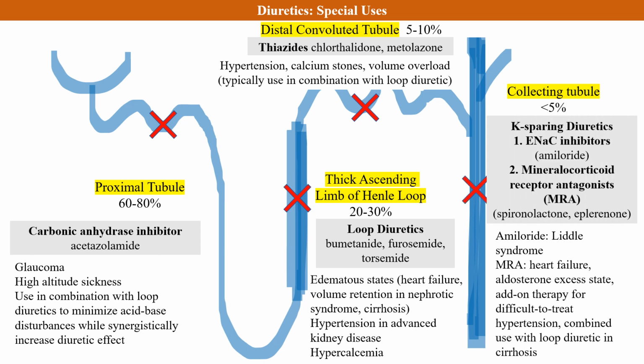MRAs may be used in patients with heart failure, aldosterone excess states, or add-on therapy for difficult-to-treat hypertension. MRAs may also be used in combination with a loop diuretic to potentiate diuresis in patients with severe volume overload.